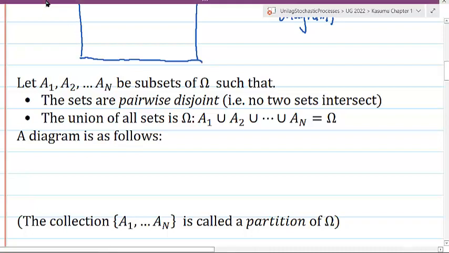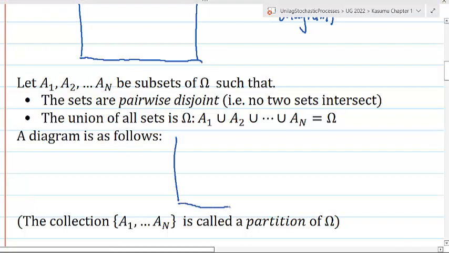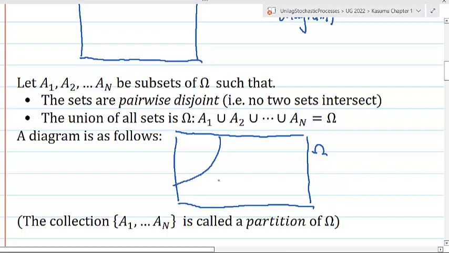I'll draw my omega again. So here's my omega. And then I can divide this into different subsets. So this could be A1, A2, A3, A4, A5.